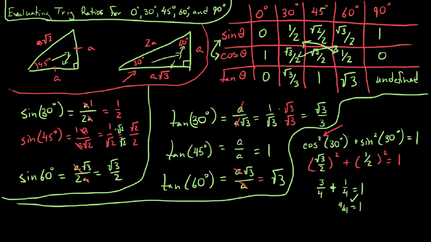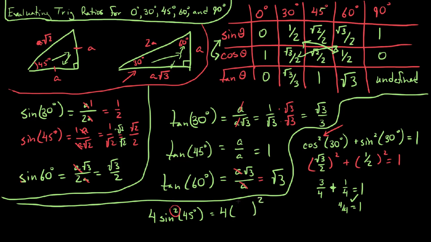What if I said, could you evaluate 4 times sine squared of 45 degrees? This isn't brutal. Just like order of operations, we assess exponents first in this case. So we say 4, and then the sine of 45, whatever that is, we're going to square it.